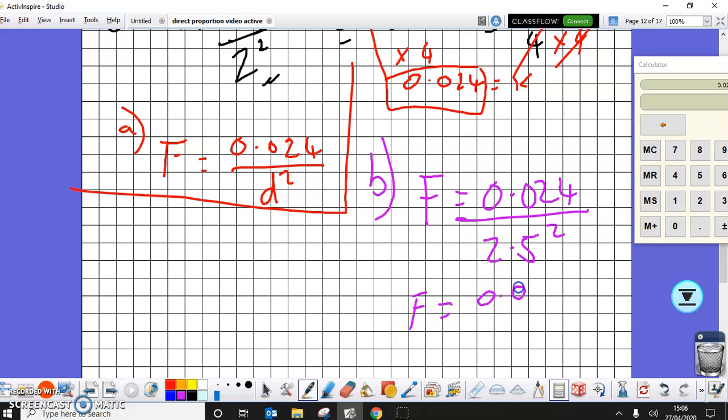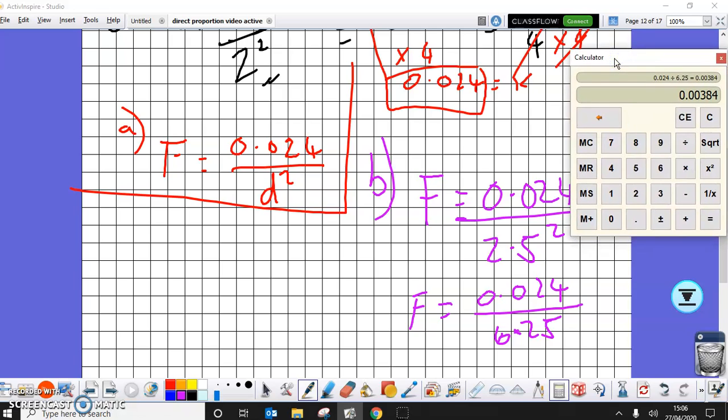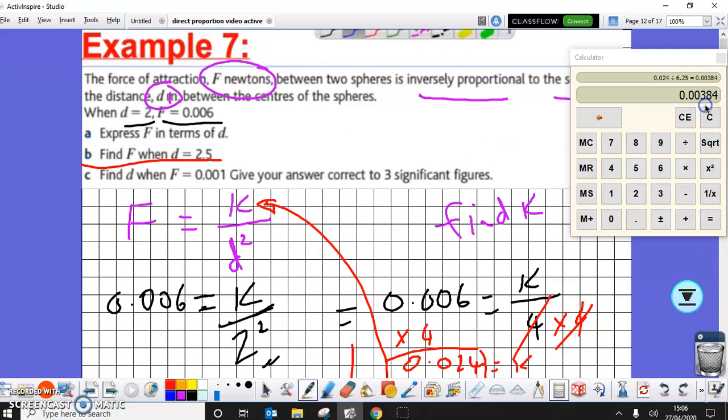So I could put the next stage of working in, divided by 6.25. If you've got a Casio or an Aurora calculator, you could put this all in at once. That's not a problem if you wanted to do that. So 0.024 divided by 6.25 gives me, so F is going to equal 0.00384. Okay.